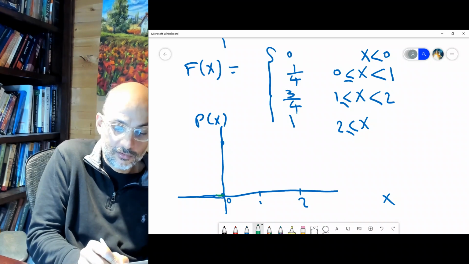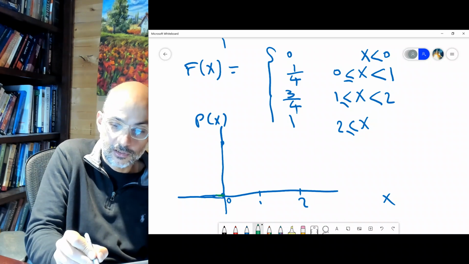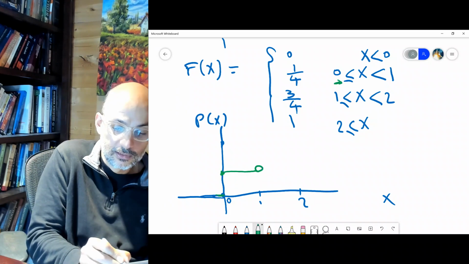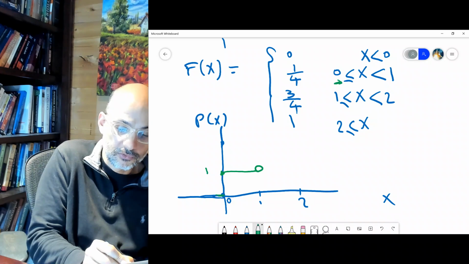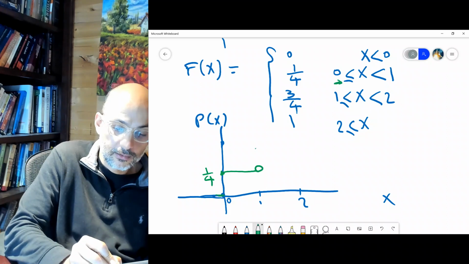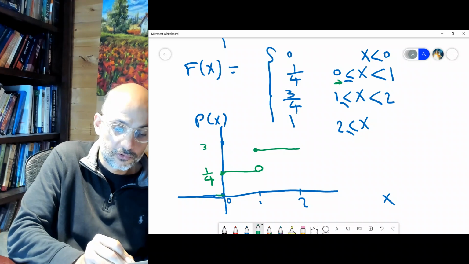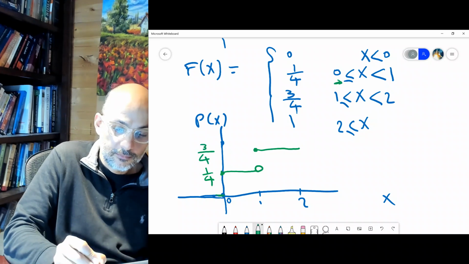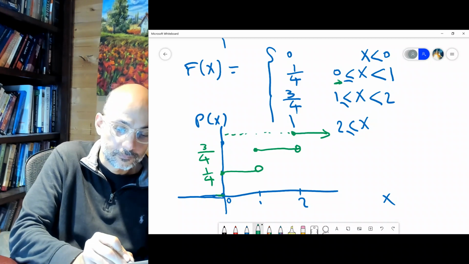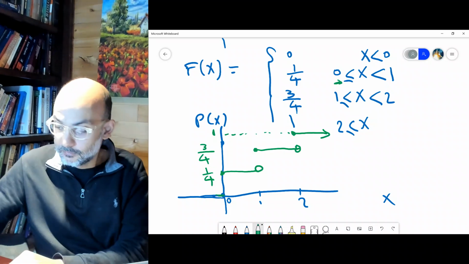But the minute you hit 0, 0 is included, it goes up to 1/4, up to 1, where 1 is not included. The minute you hit 1, you go up to 3/4, and 2 is not included. And at 2, it becomes 1. And this is a cumulative distribution function.